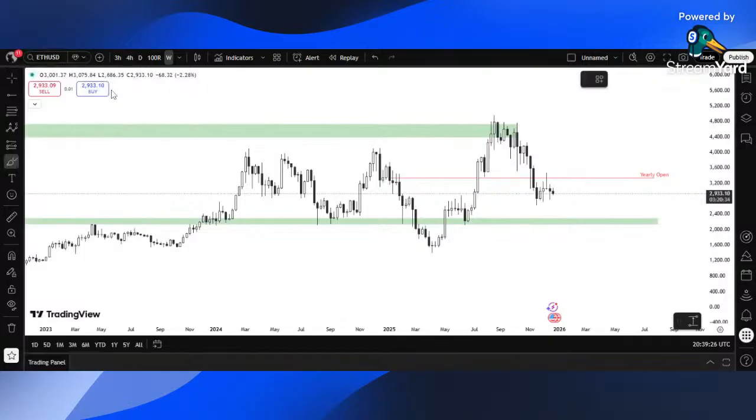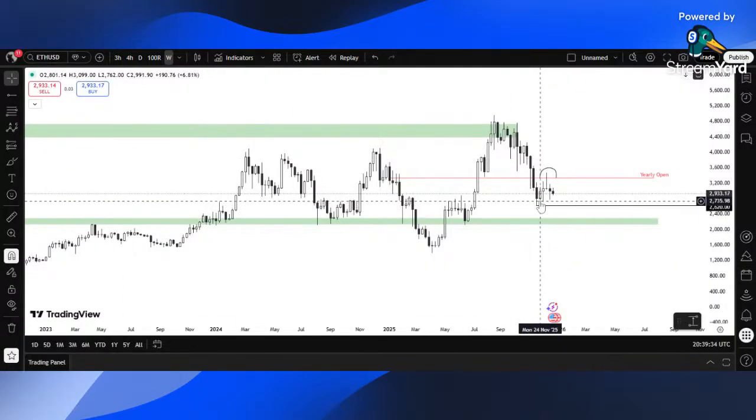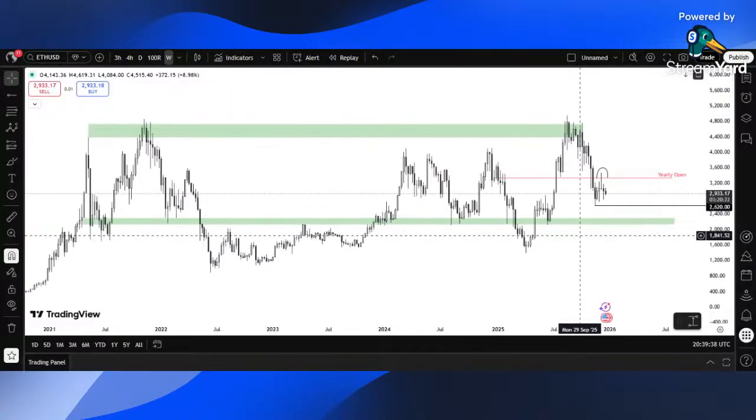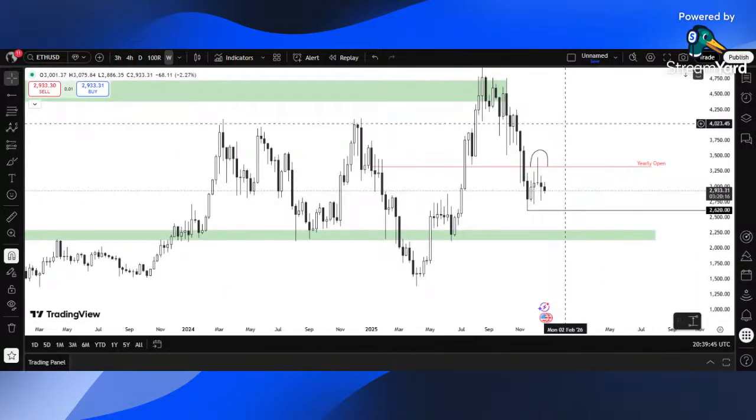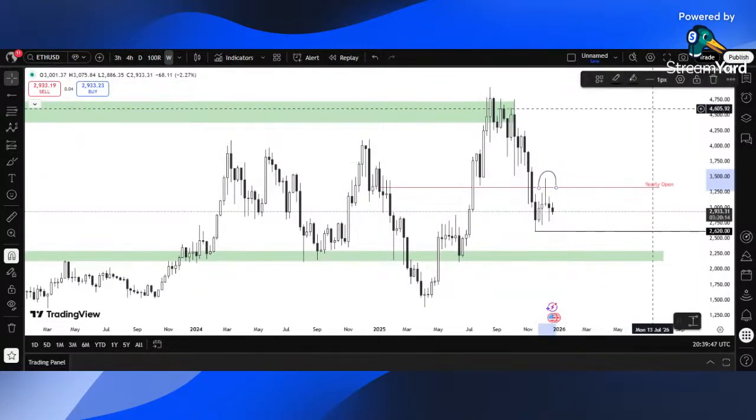Ethereum got rejected very badly at the yearly highs, and right here it has an unswept wick low, exactly at 2620. This is the support zone. This is again the mid range, I would say. For now, let's focus on Ethereum here.